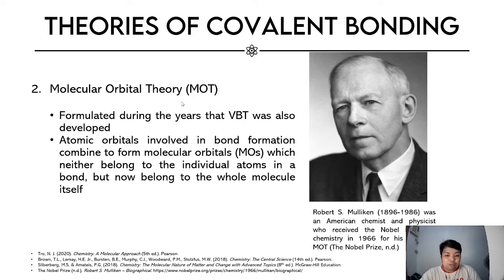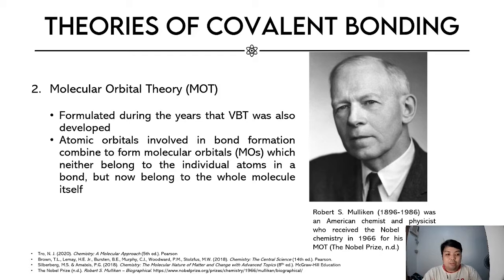Now, the difference with the valence bond theory is that in the valence bond theory, the bonding electrons are localized in the area of overlap between the atomic orbitals. In the molecular orbital theory, the bonding electrons are actually roaming around the bond, okay?